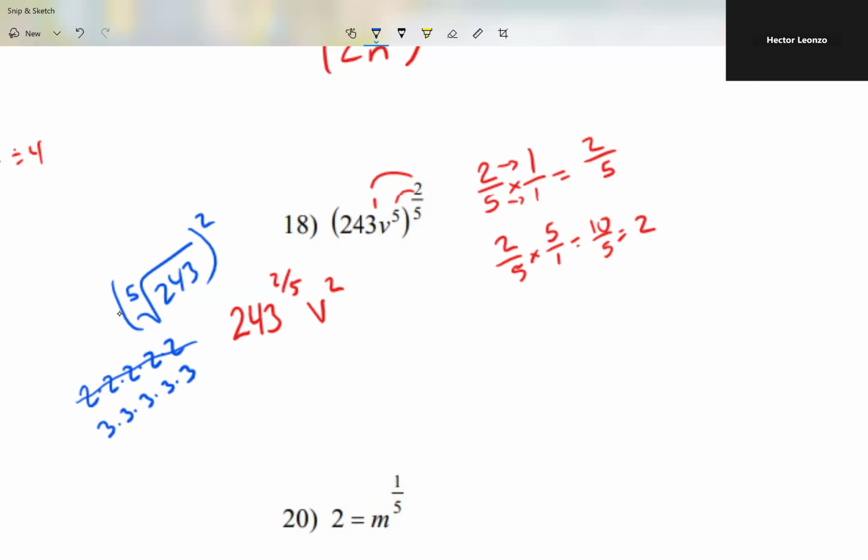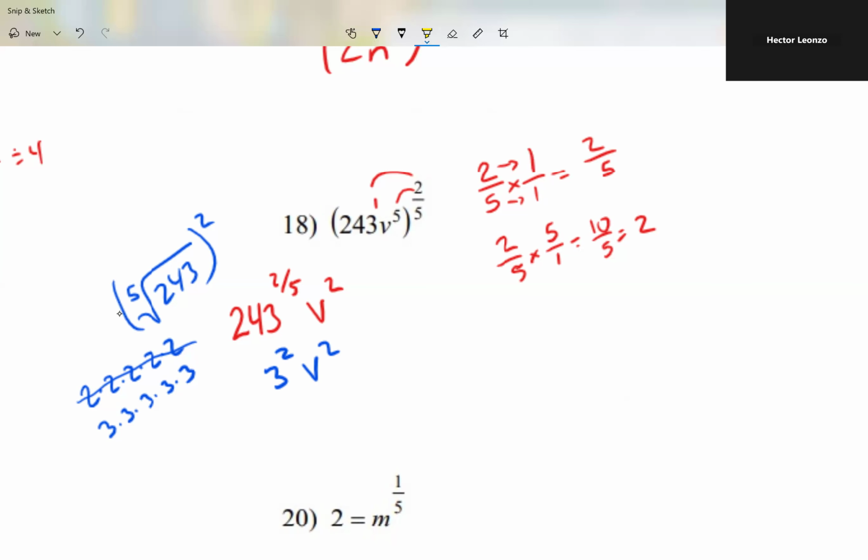In my case, it gave me, let's see, it gave me 243. Okay, so we just found that this is 3 to the second power and v to the second.